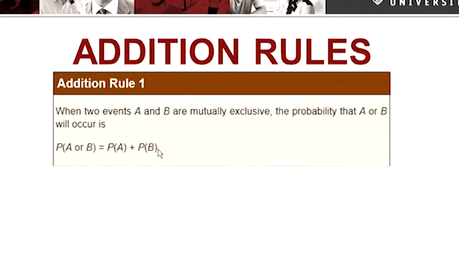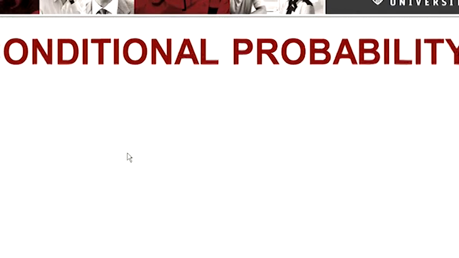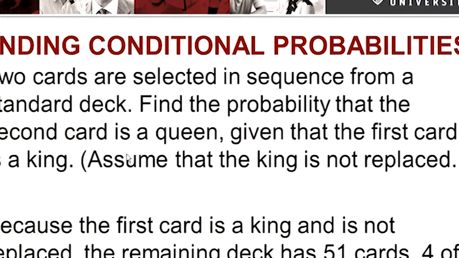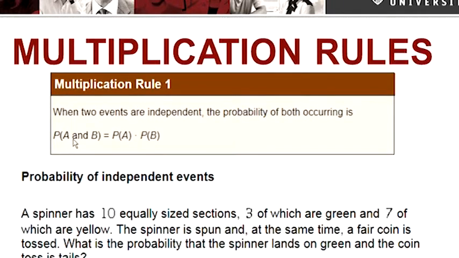Remember that on our addition, the probability of A or B was addition. Probability of A and B is multiplication.